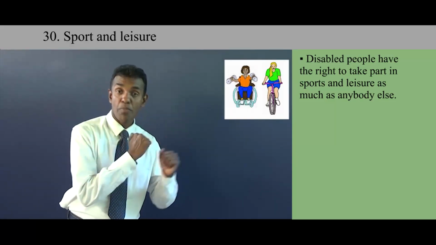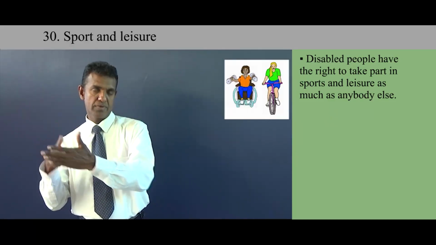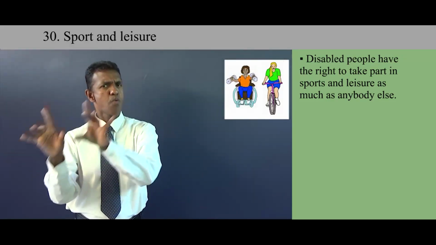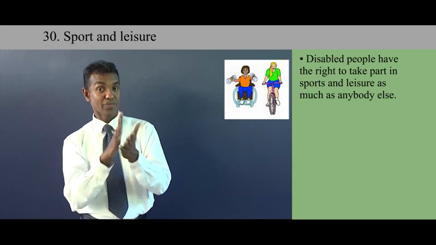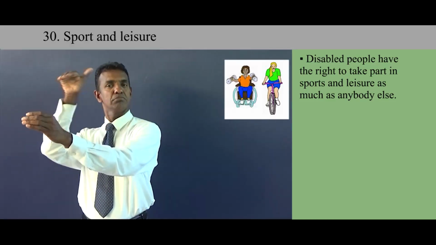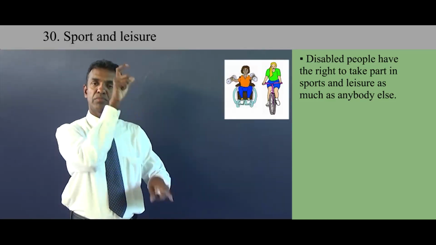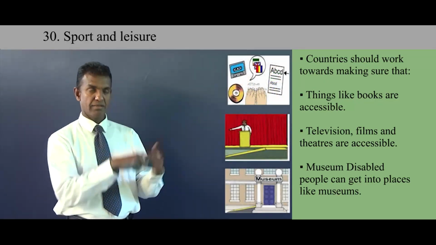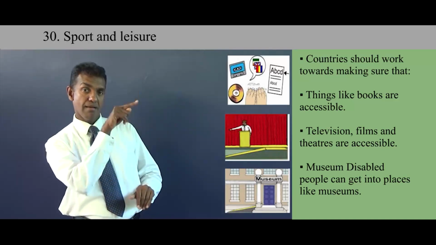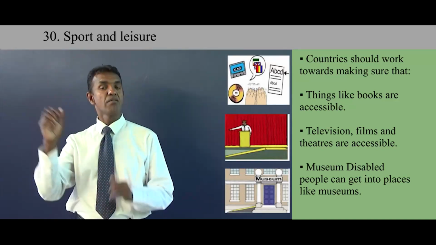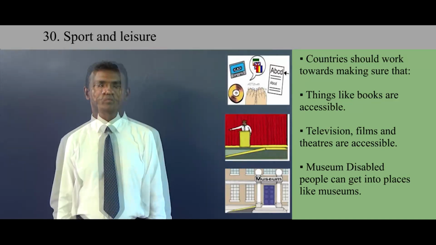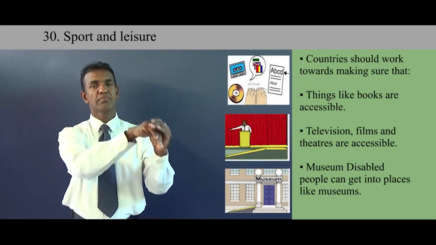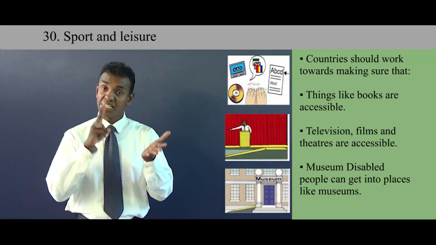Sports and leisure. Disabled people have the right to take part in sports and leisure as much as anybody else. Countries should work towards making sure that things like books, television, films, and theaters are accessible. Disabled people can get into places like museums.